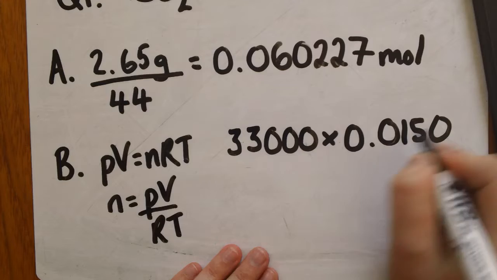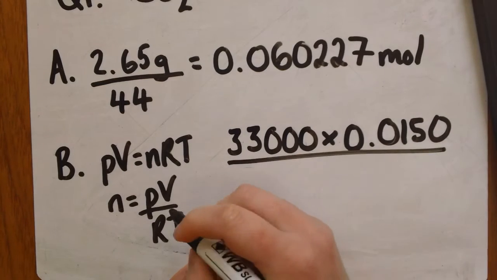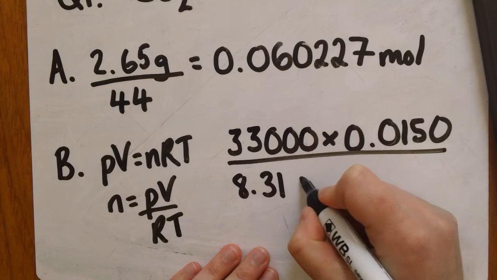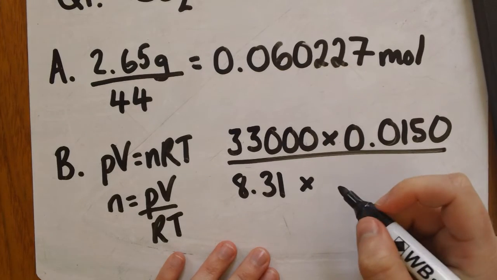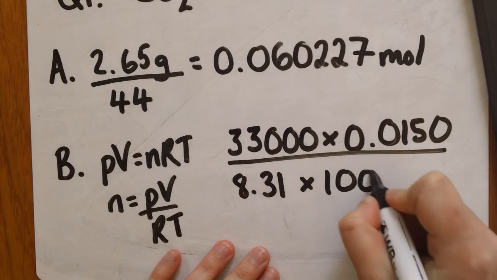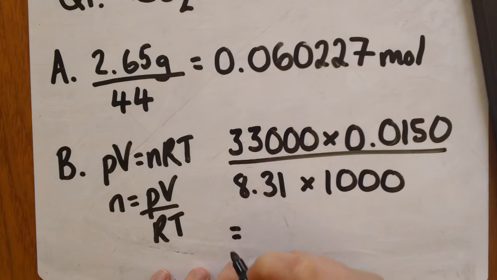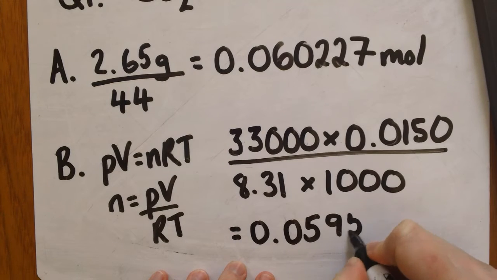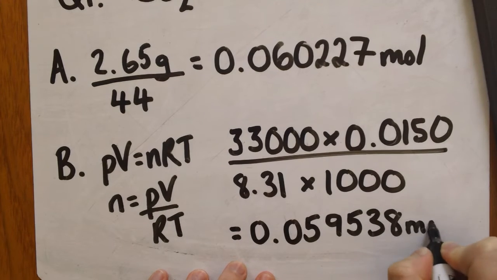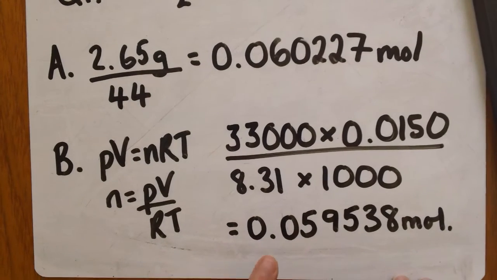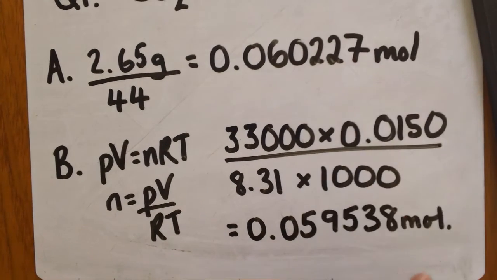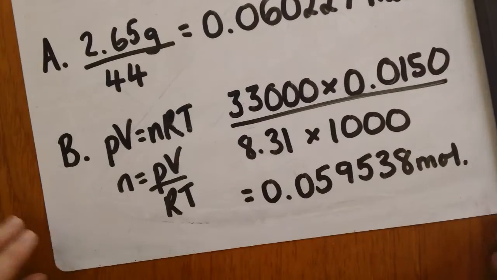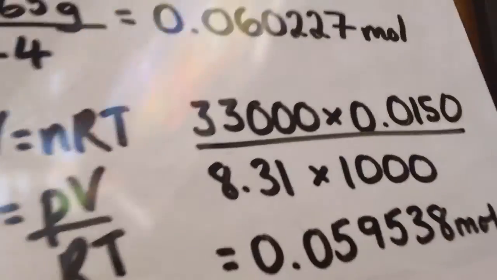So I can just pop that in, divided by R, which is 8.31, times by the temperature, which is already given to us in the correct units of Kelvin. And when we do that, we get an answer of 0.059538 moles. Now, as you can see, this one is significantly smaller than this one. So at the moment, B is our smallest number of moles.